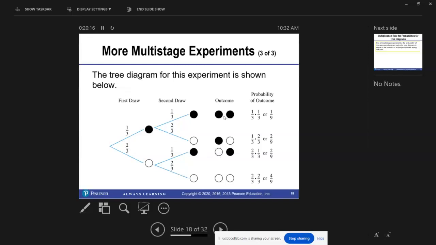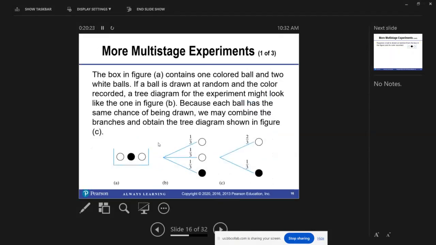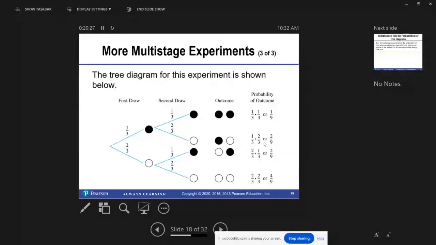Okay, you could show the tree diagram for the experiment by taking what we had in part C back here for our first draw, the 1/3 for the colored ball and 2/3 for the white ball, starting out with that for the first draw, and then basically you repeat this for each of those for the second draw.